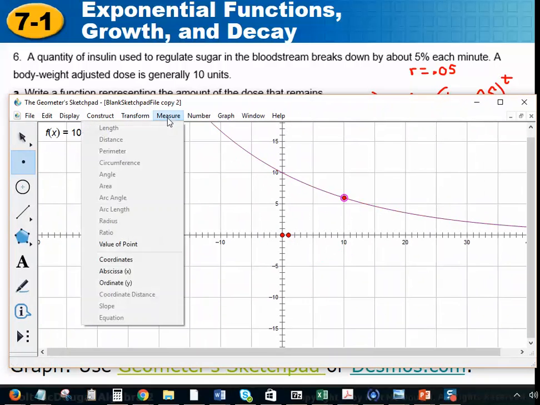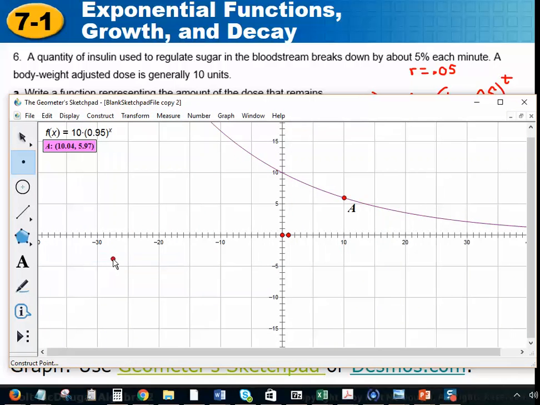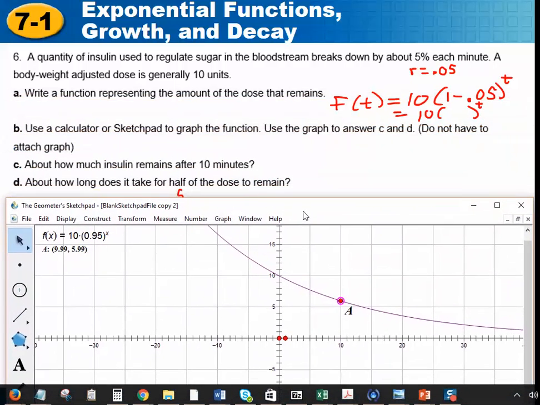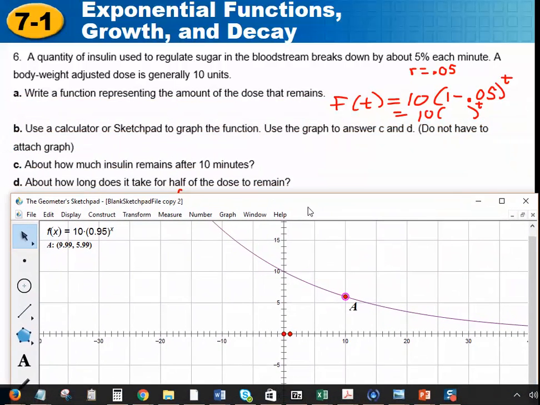Then you could go to measure the coordinates of that point. It's just slightly over 10. Maybe I can move it a little bit. At 10, it looks like it's about 6, just about 6. So for how much insulin remains after 10 minutes, it's about 6 units, I guess you'd call it.